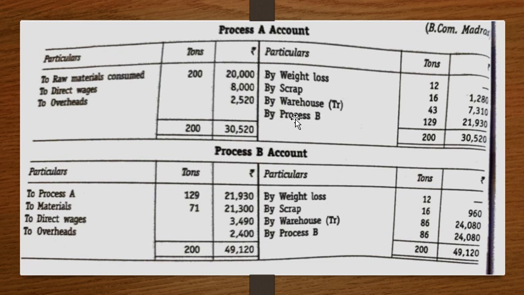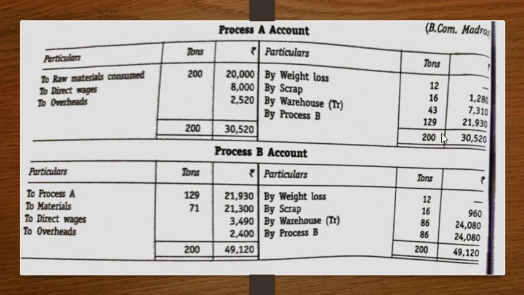Next, the number of tons which is transferred to the next process is 75%. So what is the balance amount we are getting? It is 172. How did you get 172? 200 minus 12 minus 16, you will get 172. Out of 172, 25% is transferred to the warehouse, that is 43 tons.